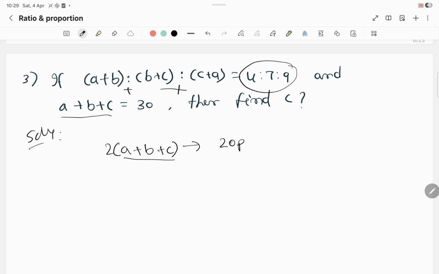Actually A plus B plus C is 30 given. 2 into 30 is 60. So 60 by 20 will be 3 for one part.